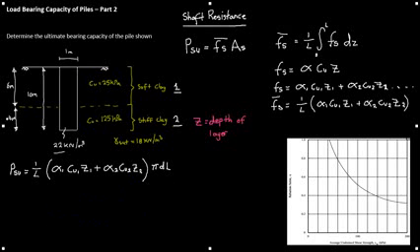So 1 over 10, close bracket, alpha 1. Now our alpha 1 refers to the top layer of soil in this problem, so if we look at this chart here, we know that our Cu is 25 kilopascals for the first layer, so read off this chart as a value of 1.